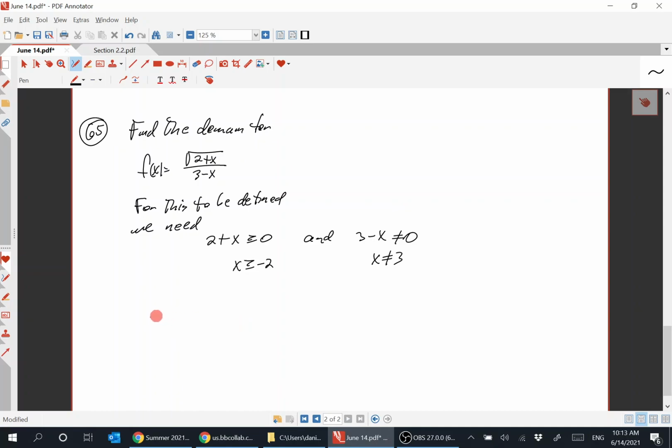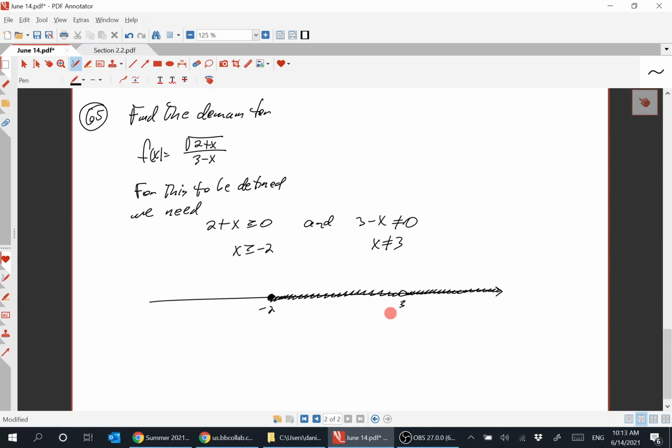So here's negative 2, and here's the 3. We want to leave out the 3. And all the numbers x bigger than negative 2, except for 3, work. So the domain is the interval from negative 2 to 3, not including 3, union the interval from 3 to plus infinity.